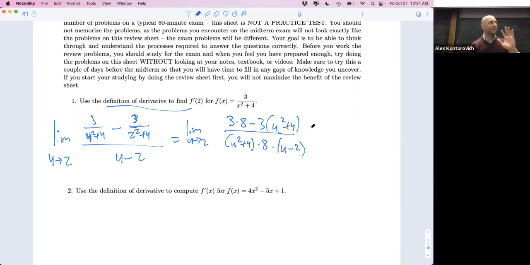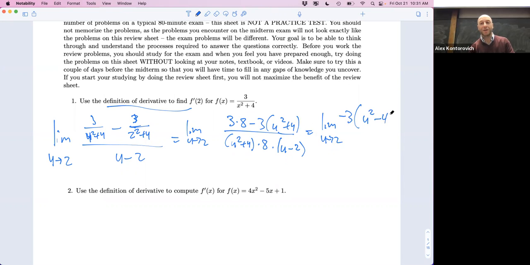Again, we're going to go fast because we have a lot to cover. I want to make sure we get to everything. So there's a negative 3 that pulls out of everything. It's a limit as U goes to 2. I want to pull a negative 3 out. I want this U squared by itself. So negative 3, I have a U squared, and then I have a minus 4, and the minus sign I'm pulling out, so I have a plus 4 minus 8.